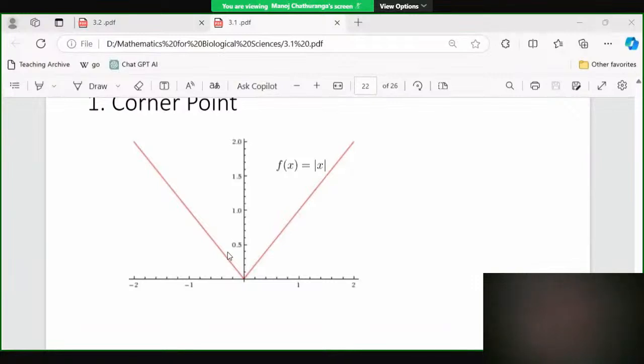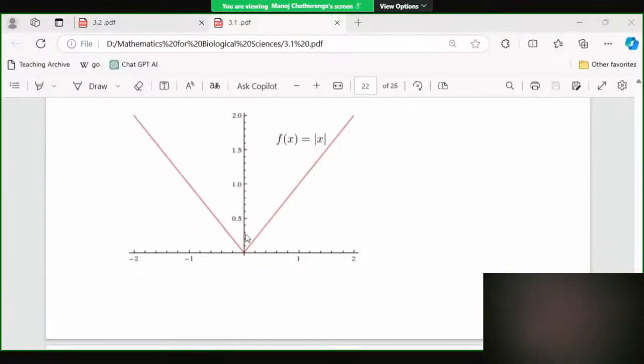So this is a bad point. At this point, the function does not have a derivative. We say the function is not differentiable at x equals 0. So when you see a corner point like this, that's something very bad. At that point, you may not have a derivative.